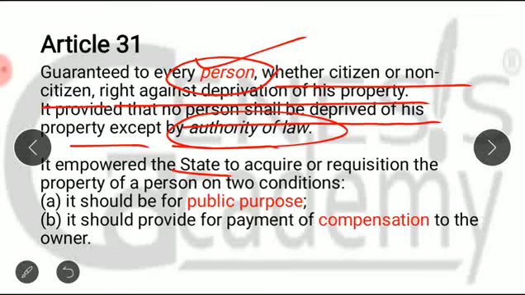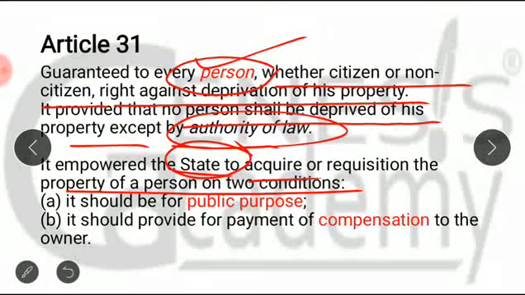That means Article 31 empowered only the state to acquire the property of a person on 2 conditions. ये याद रखना है. That means Article 31 guaranteed to every person the right against the deprivation of his property. But there was only one exception, that he could be deprived of his property by the authority of law.